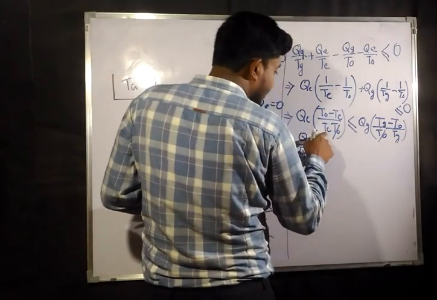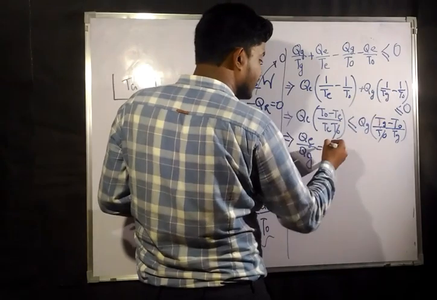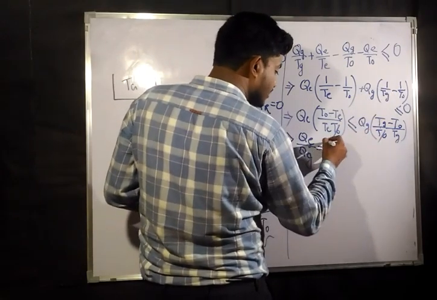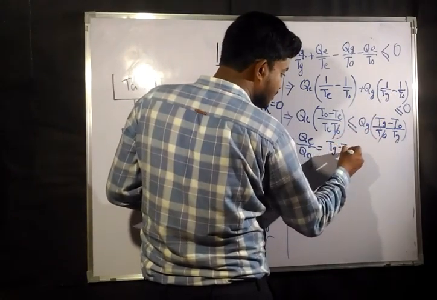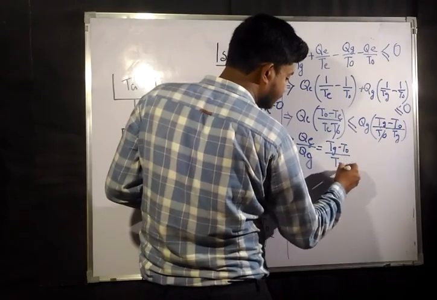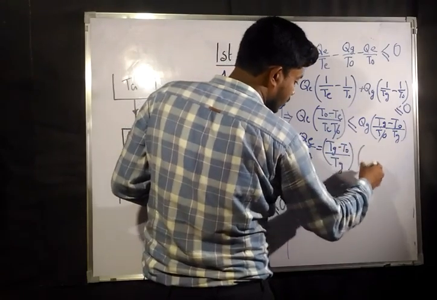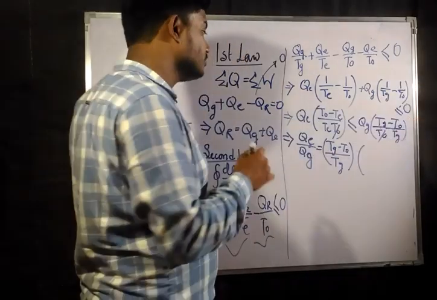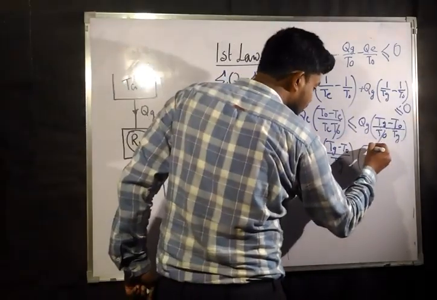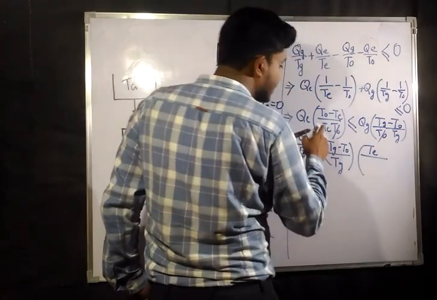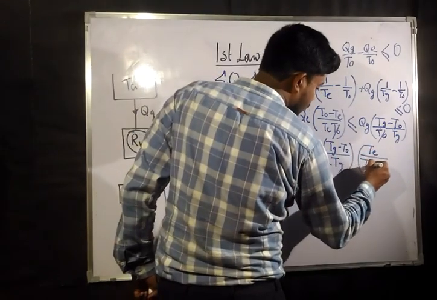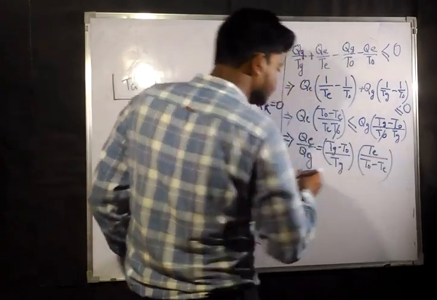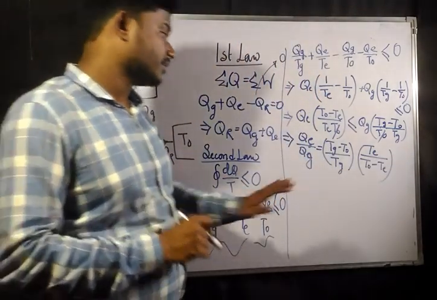Again cross multiplying at that side, what is going to be the remaining? Tg minus T naught divided by Tg, and multiplied by, if this goes to the right hand side with cross multiplication, the remaining thing you are going to get is Te divided by T naught minus Te. This is the thing you are going to get.